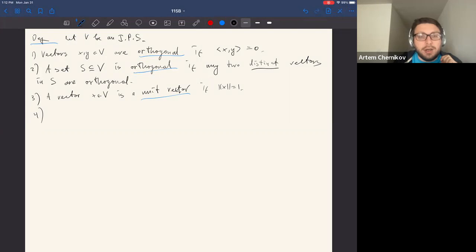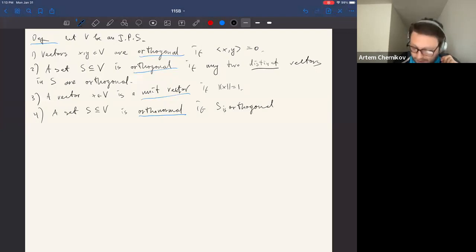And finally, a set S of vectors is orthonormal. Okay, so it's like orthogonal, but orthonormal, if S is both orthogonal, in the sense of definition 2 here, and every vector in S is a unit vector.